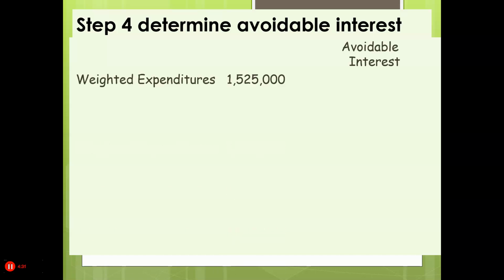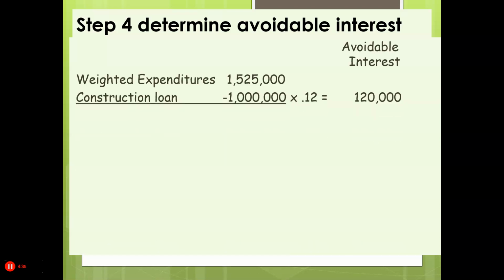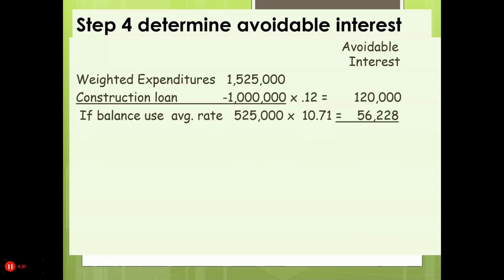So we had weighted expenditures of $1,525,000. We back out our construction loan. And now we have to apply interest for the balance of $525,000, which means we have total avoidable interest, which is the interest we should capitalize, of $176,228.